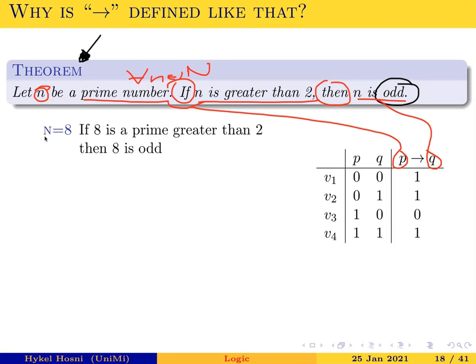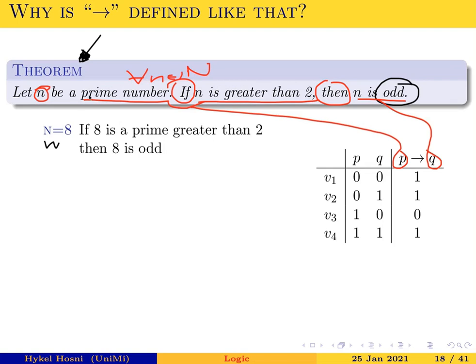Sorry, this shouldn't be capitalized. That's a feature of the LaTeX thing that I used. It should not be capitalized. So this is n. That's the same n, right? So suppose n equals 8, and let's substitute 8 in this theorem.